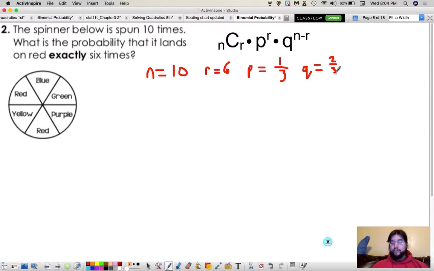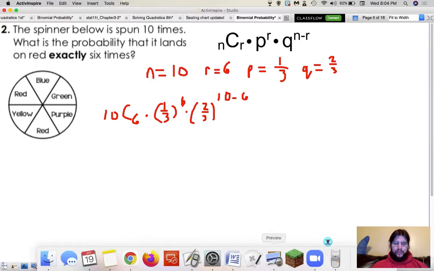All right, so I'm going to do this one by hand, and then I'm going to show you how to do it on the calculator. So I'm going to write out what I'm going to do. P to the 6th, Q to the 10 minus 6. See what happens if we type that in.